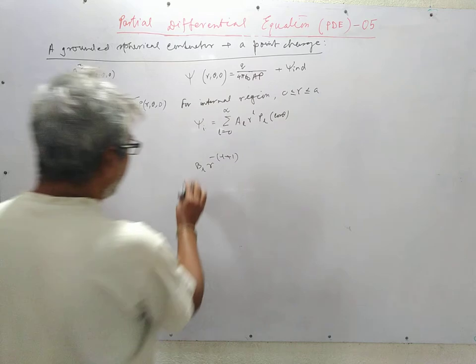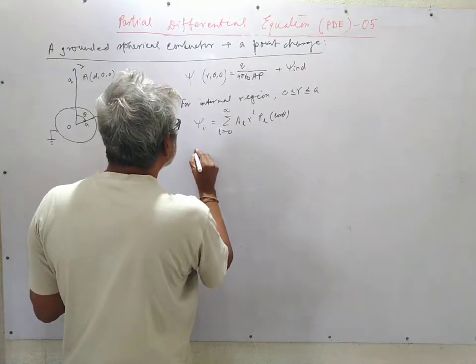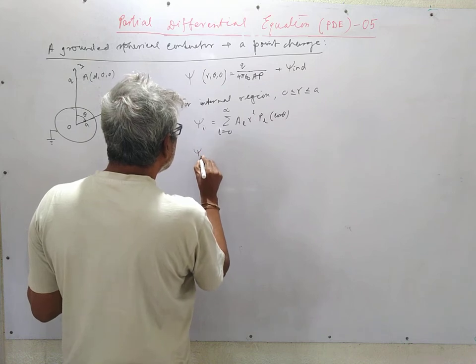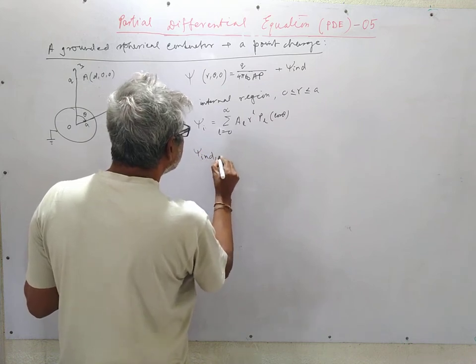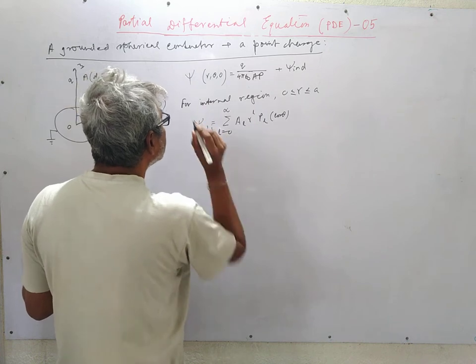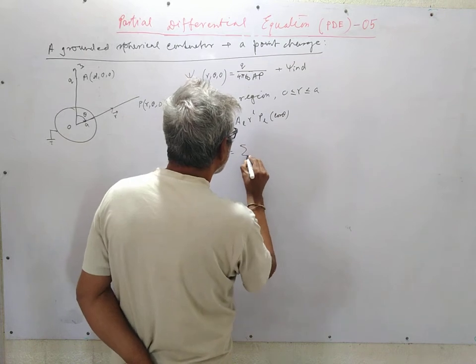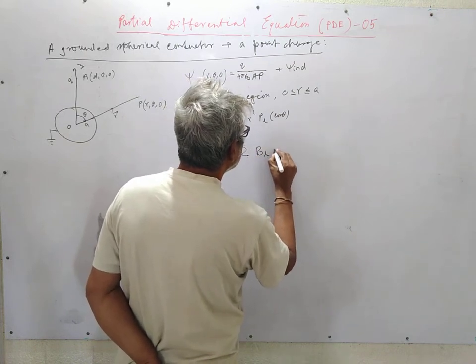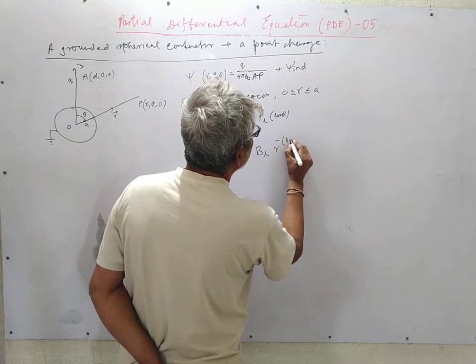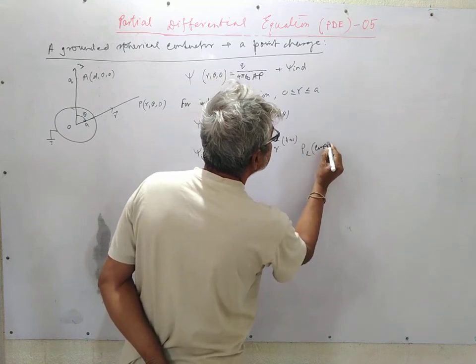And for the external region, phi induced external is equal to the sum over L from 0 to infinity of B_L r to the power minus (L plus 1) P_L cos theta.